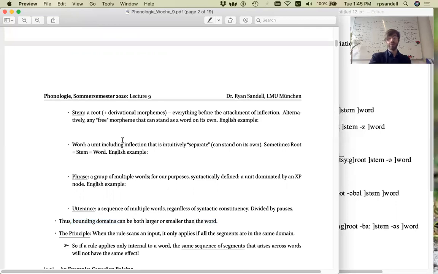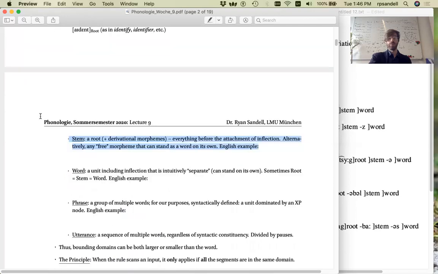Thus far in this course, we've concentrated at the word level because that's where a lot of phonology tends to take place. A lot of the processes that are most clearly identifiable are bounded by the word, but not all of them. Some are bounded by larger units of phrases and utterances, and some are bounded by smaller units like stems or roots.